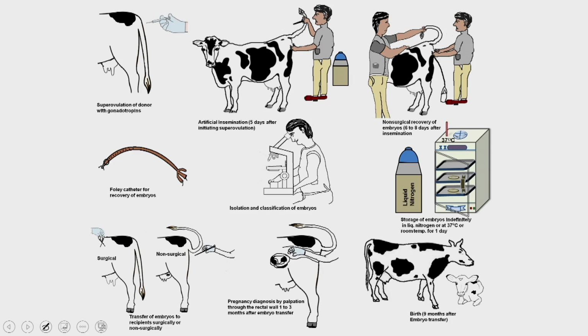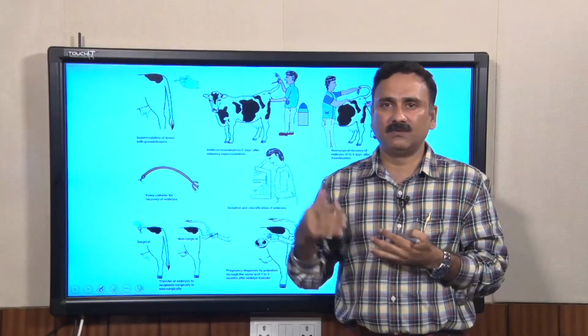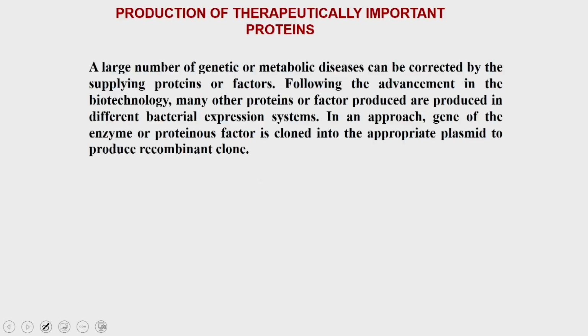So the embryos are transferred from the high yield cow to a low yield cow, so that you will have more of these cows and be able to have more production of milk and other things. We discussed all these details.